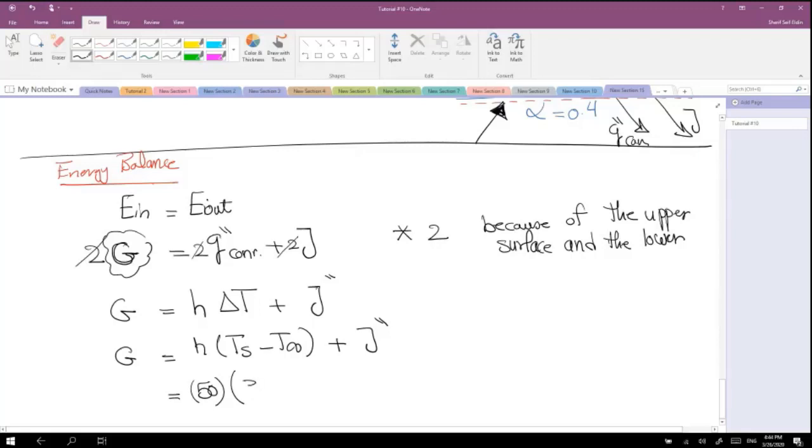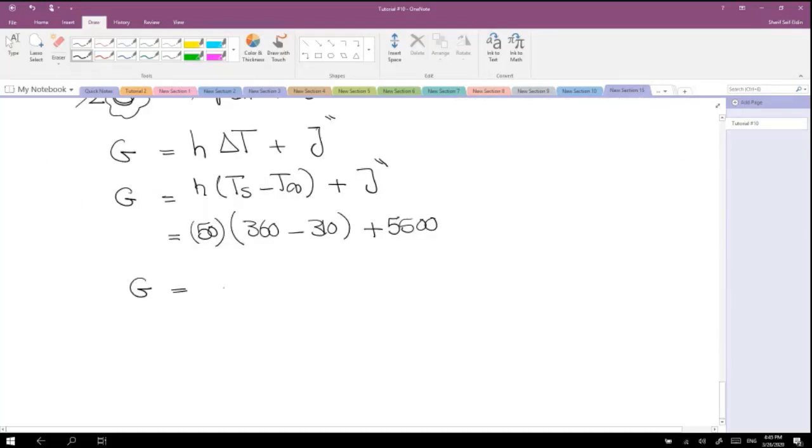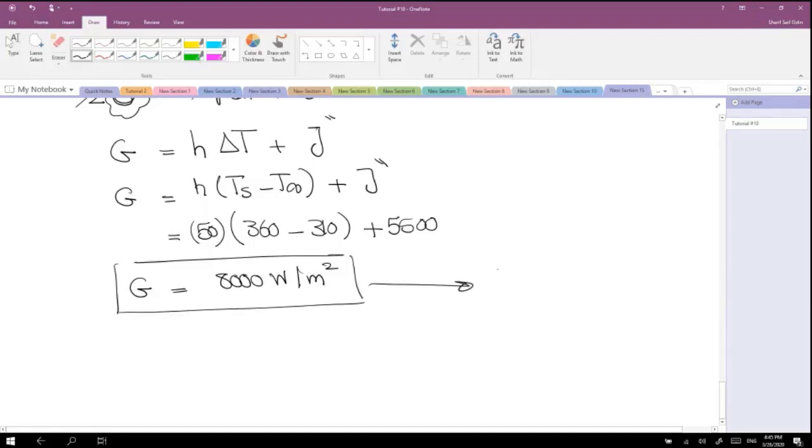Surface temperature was 360 Kelvin minus the ambient temperature, which was 310 Kelvin, plus 5500. So we got G as 8000 watt per meter square. So this is the total amount of incident radiation.